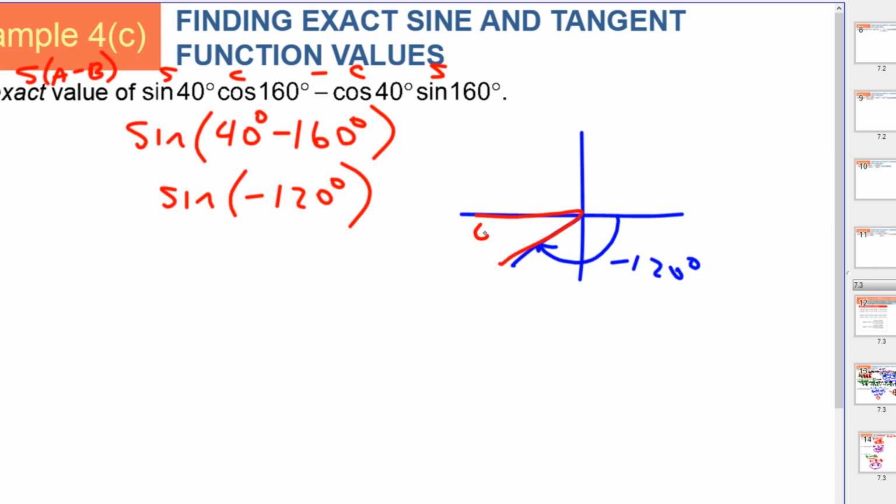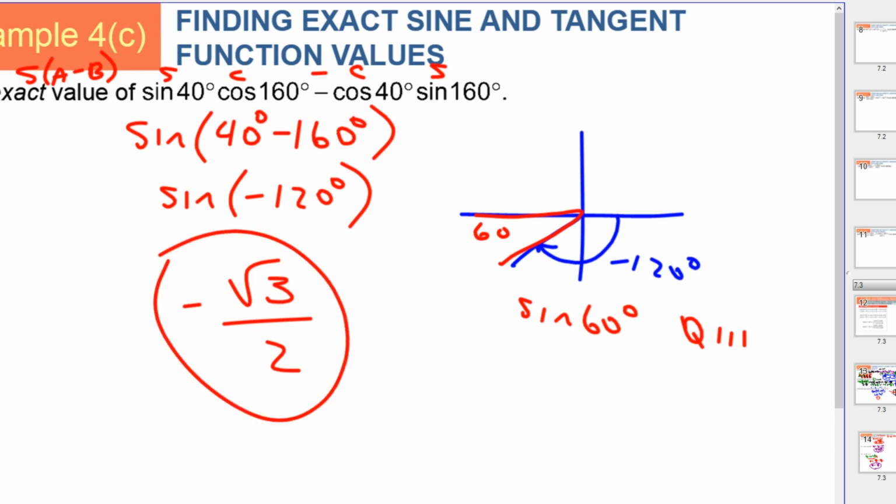This is a 60-degree reference angle because it's 60 off of the x-axis. So essentially, I'm doing a sine 60 in the third quadrant. Well, sine 60 is square root of 3 over 2. But being in the third quadrant means that my sine or my y value is negative. That's negative square root of 3 over 2.